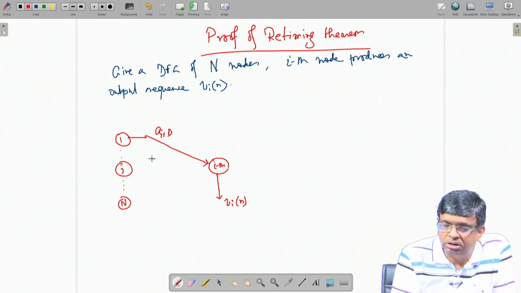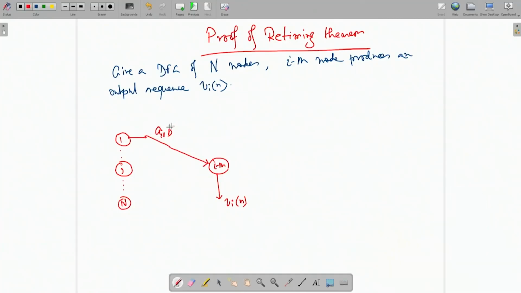If there is no connection from node 1 output to the ith input, in that case, you let this AI1 go to infinity. Infinite delay means a signal from this side can never reach this side. So, if you want to make sure that there is no connection, in all the maths we do, we will let this AI1 go to infinity.